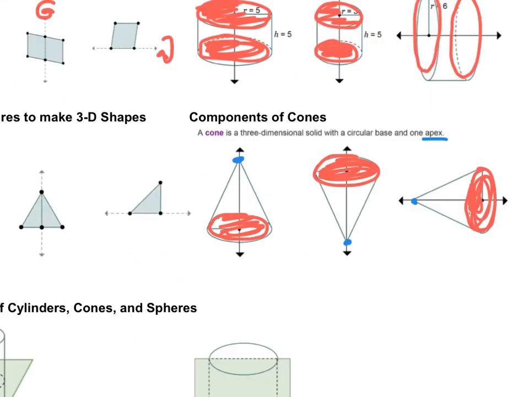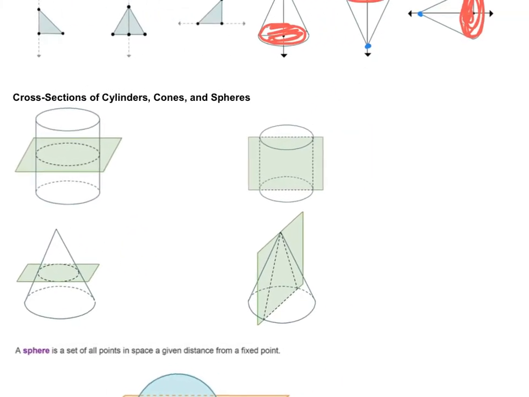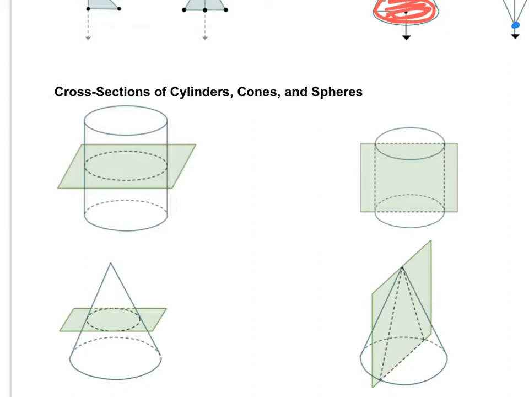So let's talk about what a cross section would look like on certain pieces. If you did a horizontal cross section of a cylinder, you would end up getting a circle for your cross section. However, if you did a vertical cross section of a cylinder, that's going to give you a rectangle.